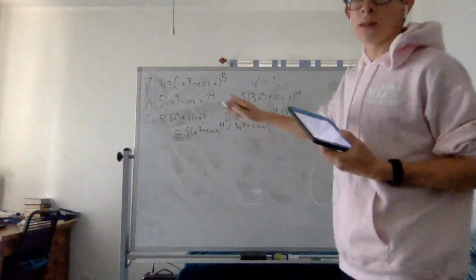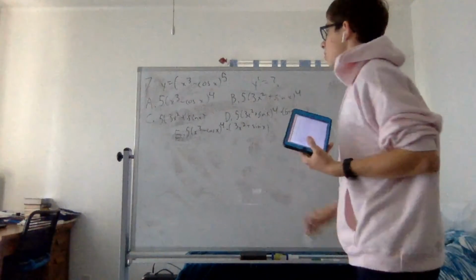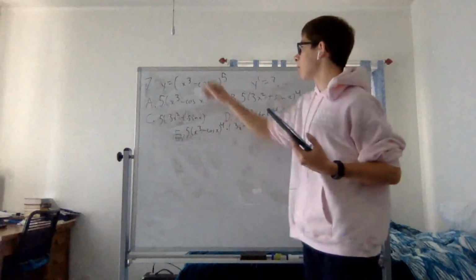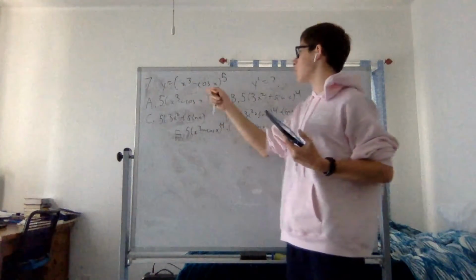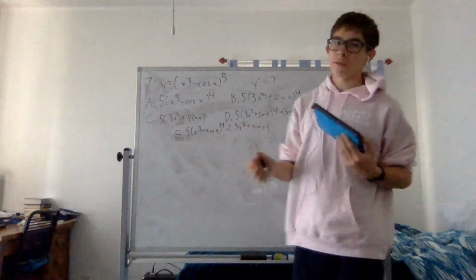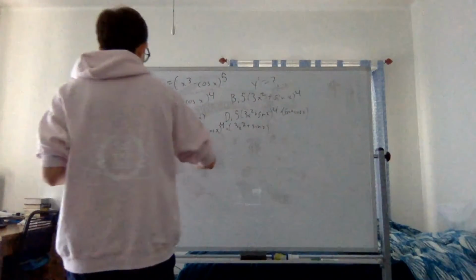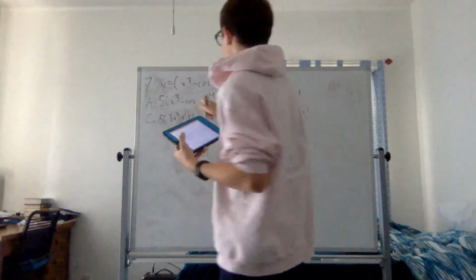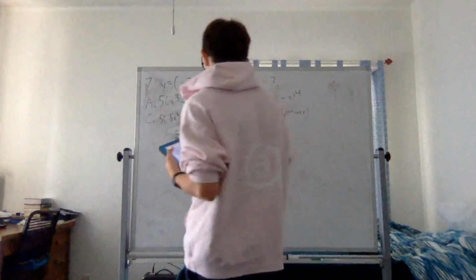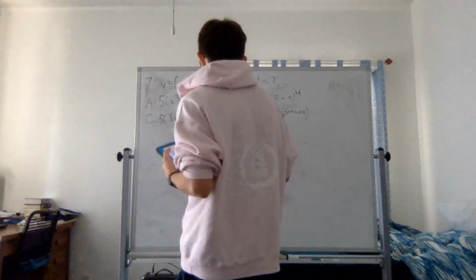So for this one, it just wants us to take the derivative, right? We have two things here: an outside function, something to the fifth, and an inside function of x cubed minus cosine of x. So we need to keep in mind the chain rule. First we focus on the outside function: y prime equals 5 times something to the fourth, and that something happens to be x cubed minus cosine of x.